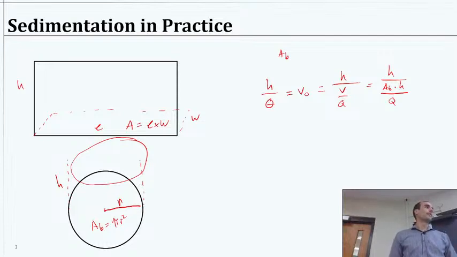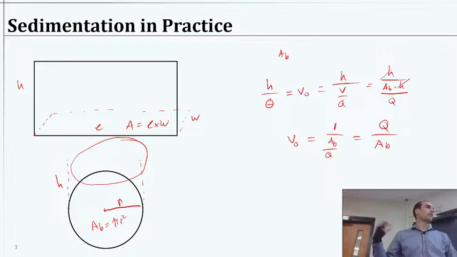Whatever the area of the basin is, that's present in our derivation. When we say V naught, these H's will cancel, and we're left with 1 over the area of the basin over Q. Of course, we can flip that and say this is Q over the area of the basin.